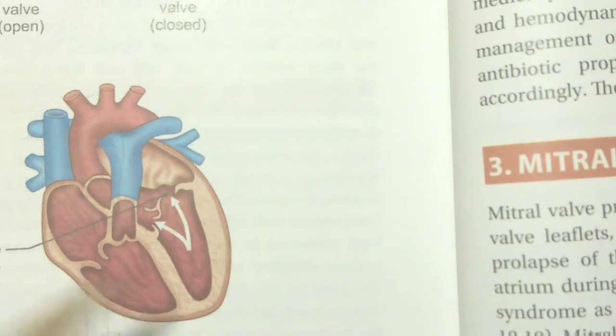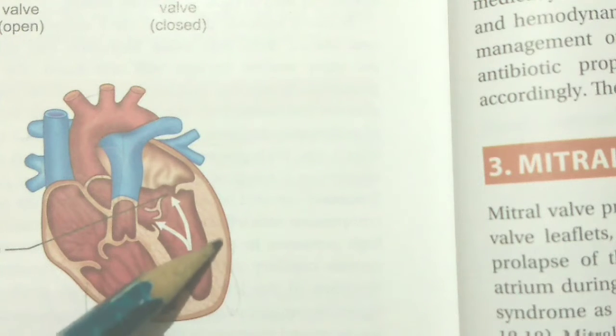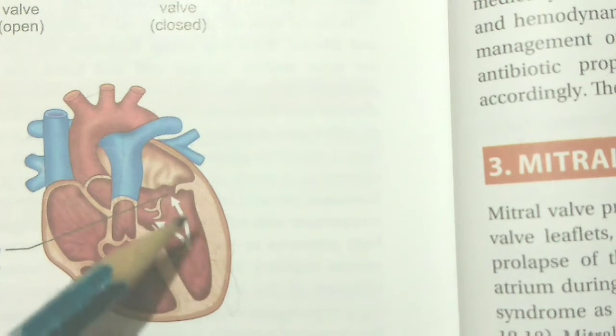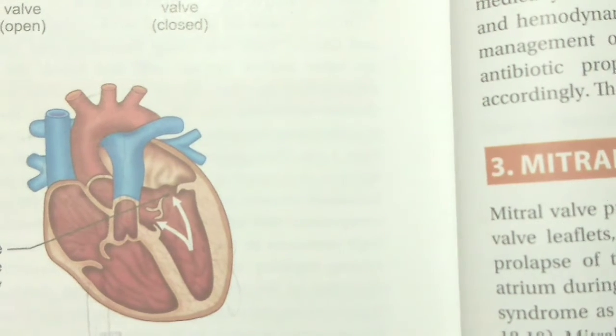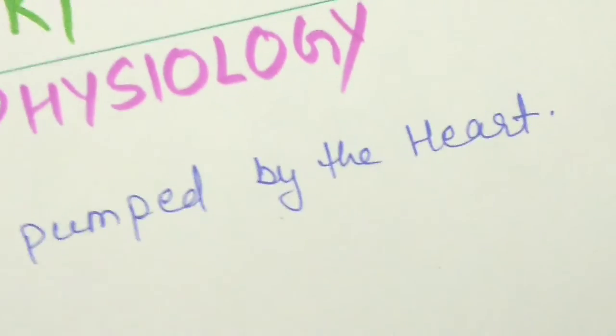So this is the pericardium, this is the innermost endocardium, the outermost is the pericardium, and in between is the myocardium. These are the three layers of the heart, which are helpful for pumping blood all over the body. So guys, here are some points to learn.